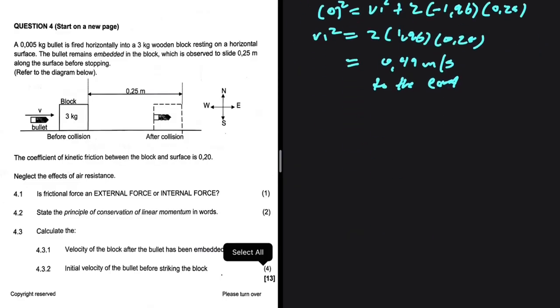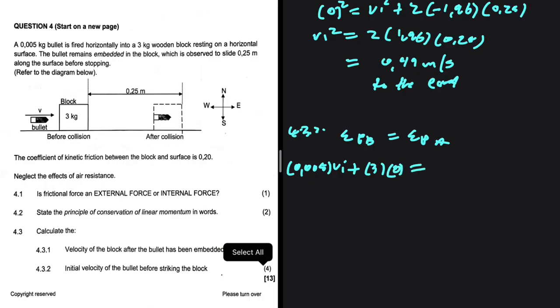Let's move to 4.3.2, the initial velocity of the bullet before striking the block. Before striking, there is no frictional force because we are told that we can neglect the effects of air resistance. So we can say that the sum of the momentum before will be equal to the sum of the momentum after. For the bullet, we have a mass of 0.005 and an initial velocity we are interested in. For the block, we have a mass of 3 kg and an initial velocity of 0 because it was at rest.